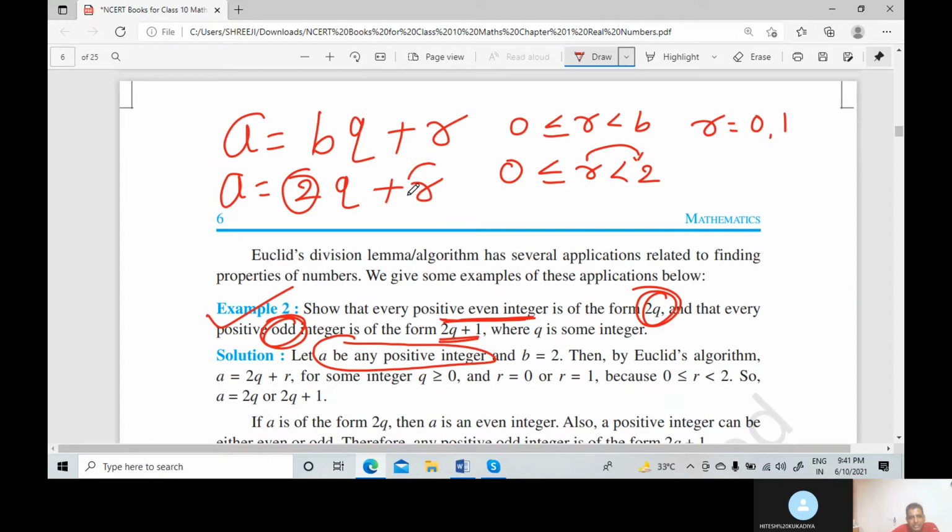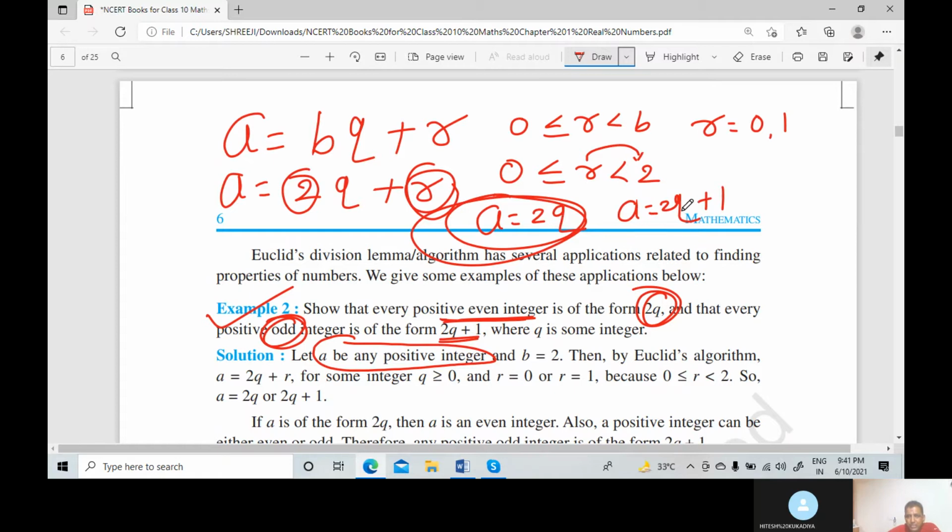Now place here r equal to 0, so a equal to 2q. Place r equal to 1, so a equal to 2q plus 1. So a equal to 2q is an even number. q is the quotient. You can place different values of q, so we get an even positive integer.